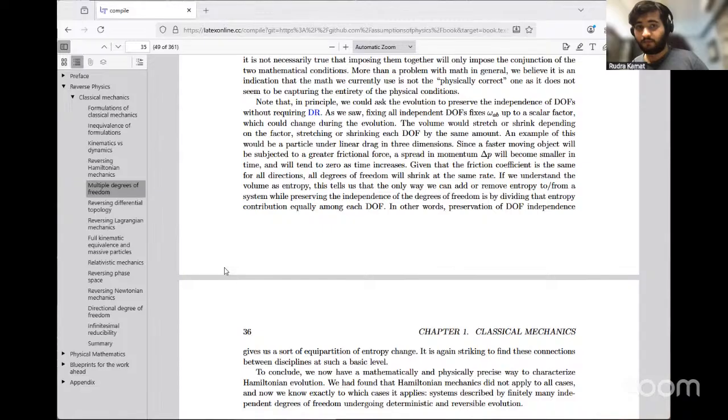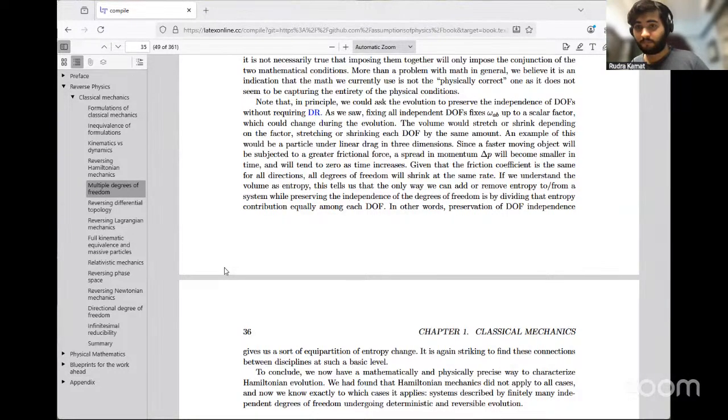An example of this would be a particle under linear drag in 3 dimensions. Since a faster moving object will be subjected to a greater frictional force, a spread in momentum delta P will become smaller in time and will tend to 0 as time increases.